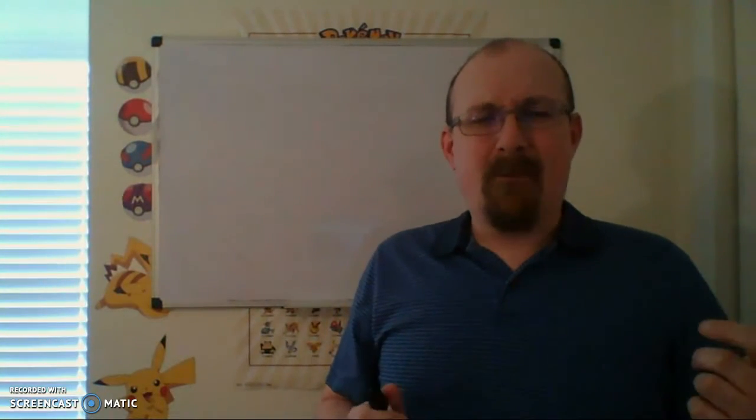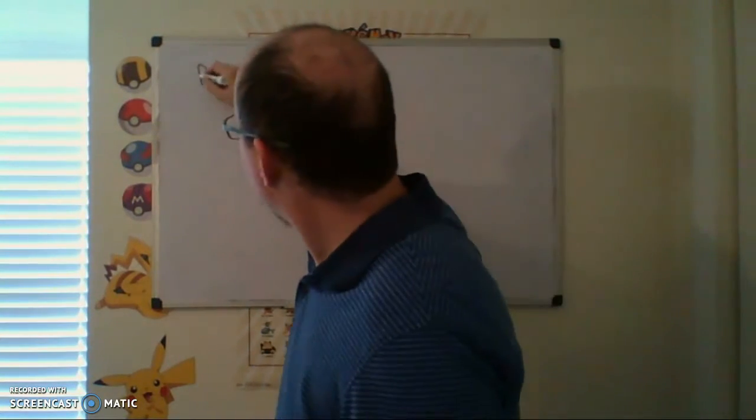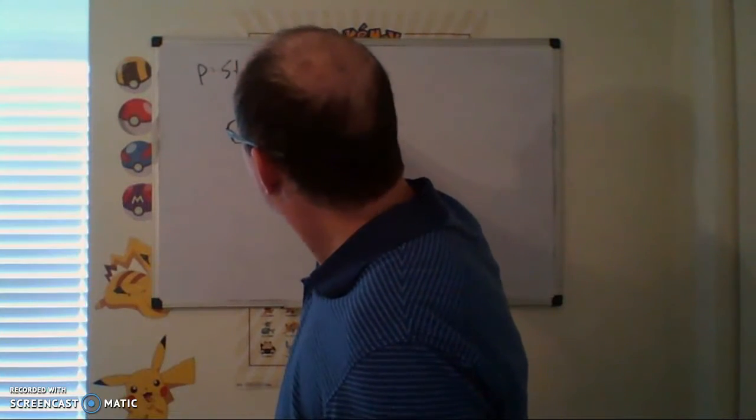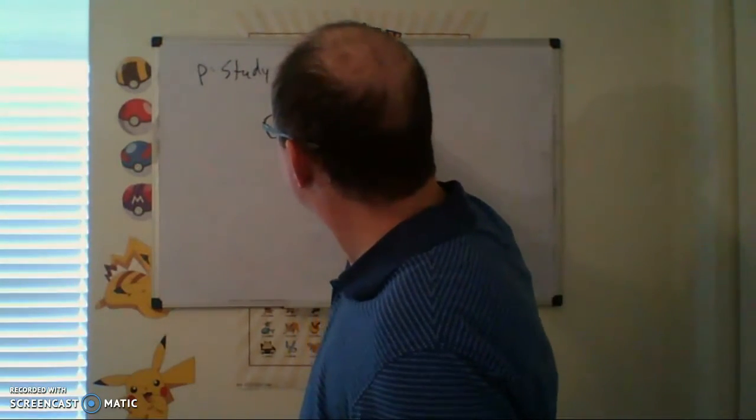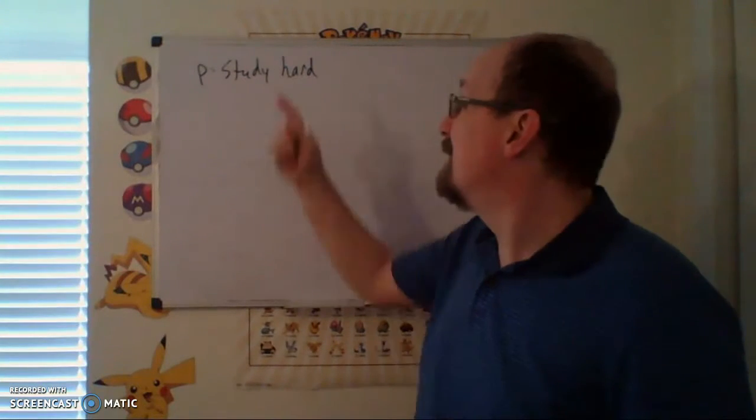So this time around, we actually need to take the English sentence and turn it into a symbolic statement. I'm going to shorthand these in the interest of time. We're going to need three simple statements, like I said. First, P: I study hard.